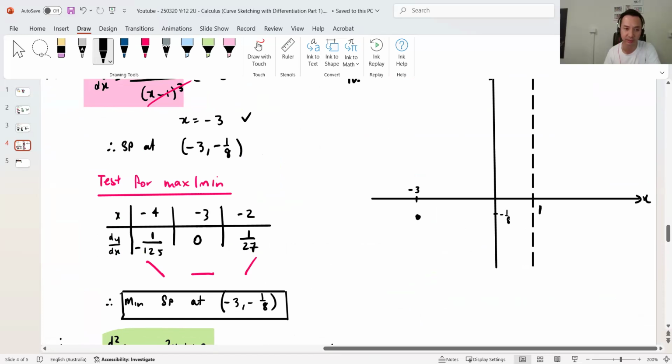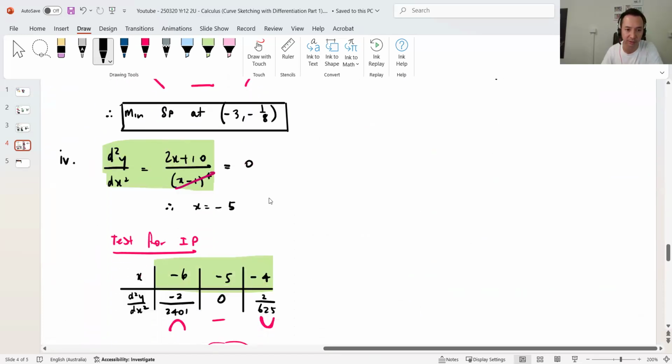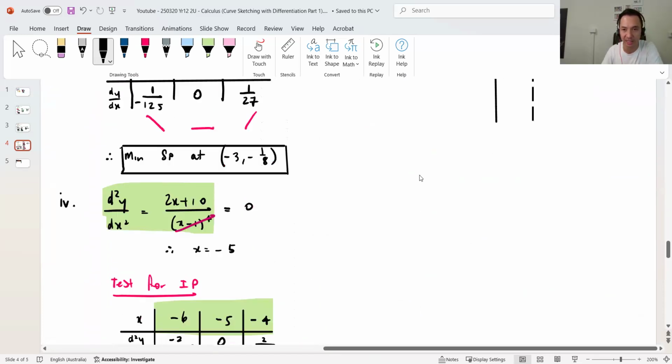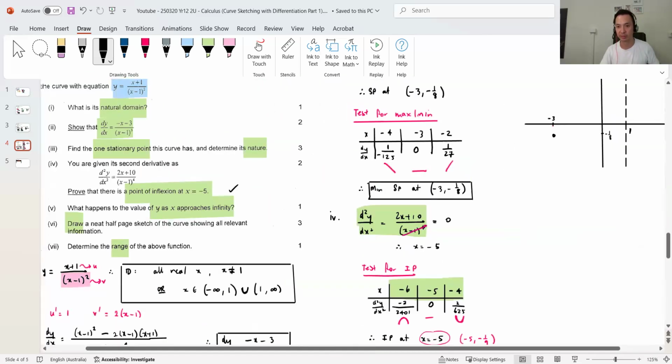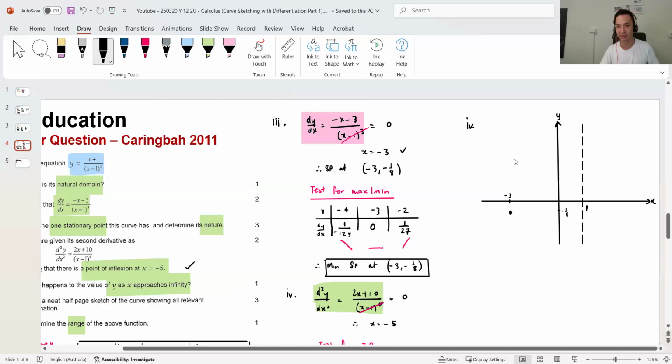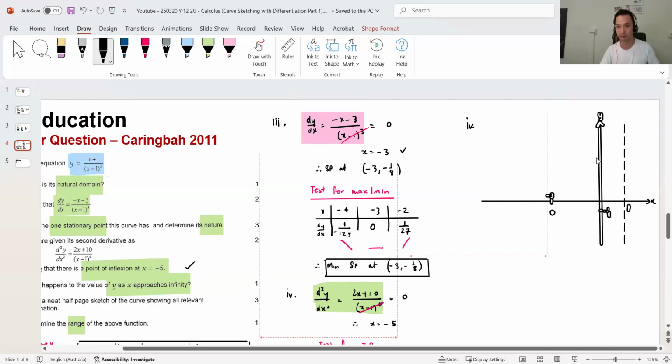Okay, interesting. What else do I know? Inflection point at -5. Okay, you know what? They're starting to tell me that this graph is very negative in the x, so I'm going to just move everything over.